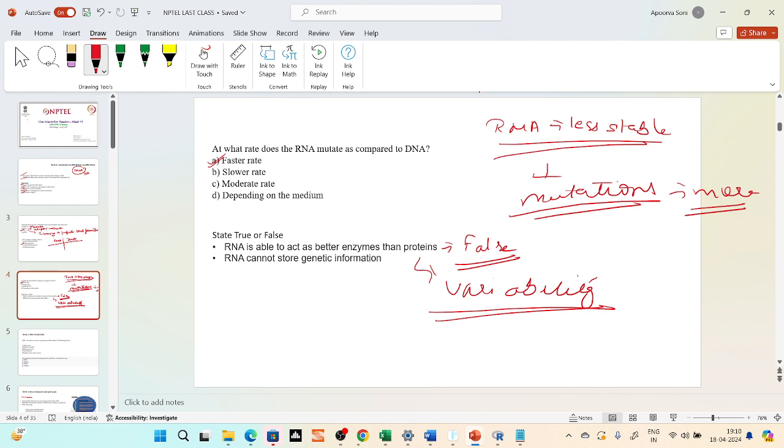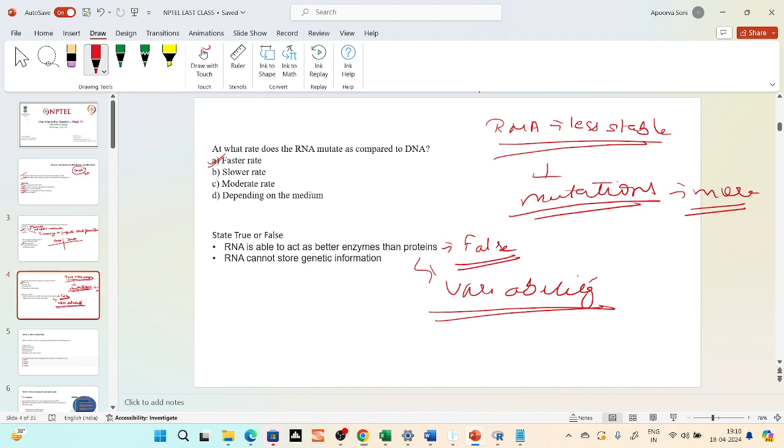Therefore, proteins are better enzymes in comparison to RNA. And not only this, proteins are more stable than RNA. This again counts to the fact that proteins are better enzymes than RNA.